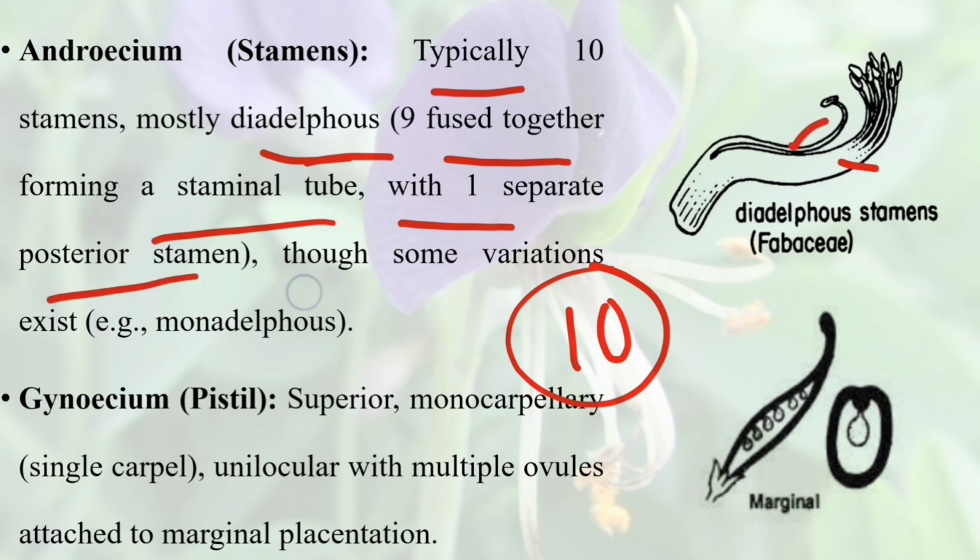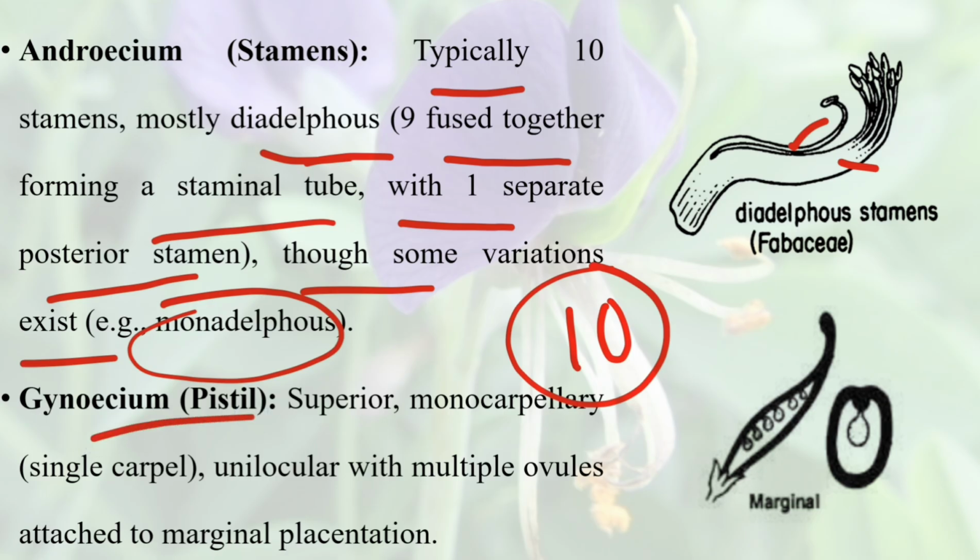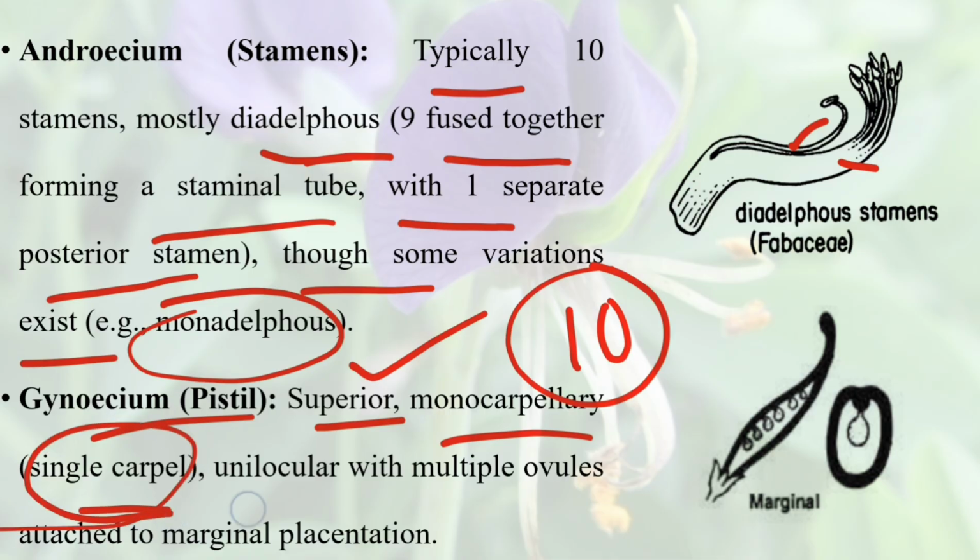Though some variations also exist, some flowers show monadelphous condition, that means all the stamens are fused with each other forming a staminal tube. Then gynoecium or female sex organ, which is superior, shows monocarpellary condition with a single carpel, which is unilocular with multiple ovules attached to the margin. So the pea plant generally and other members of the Leguminosae family show marginal placentation.